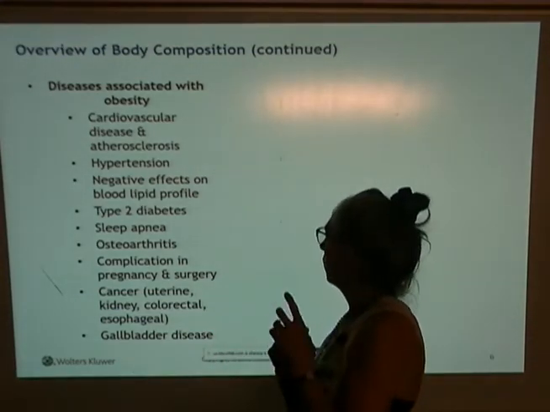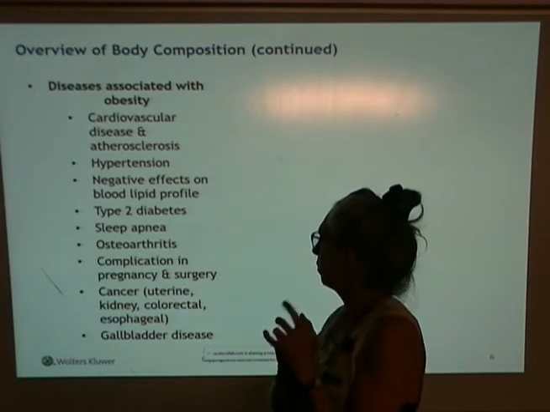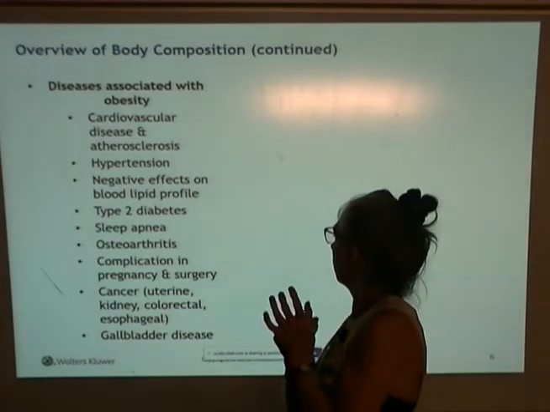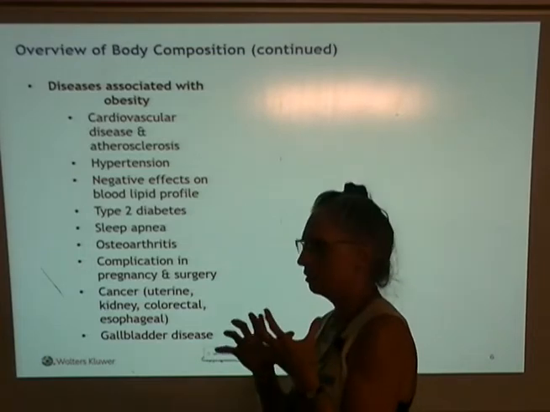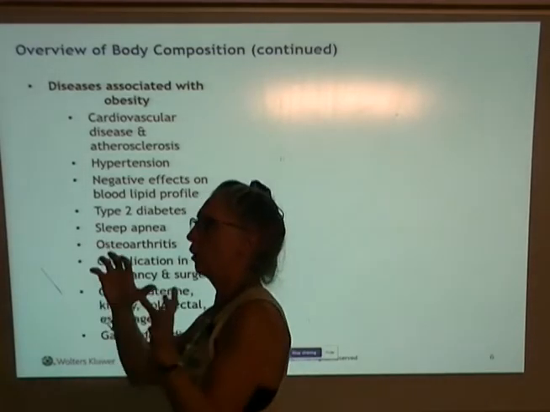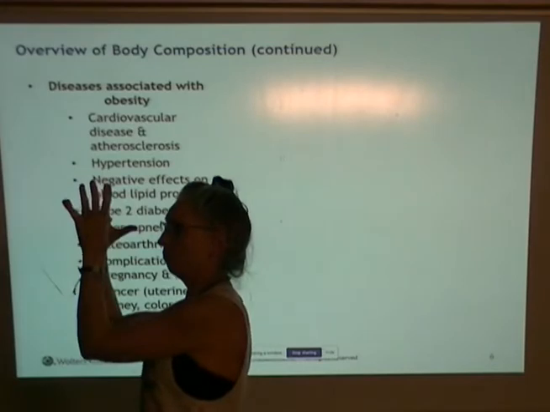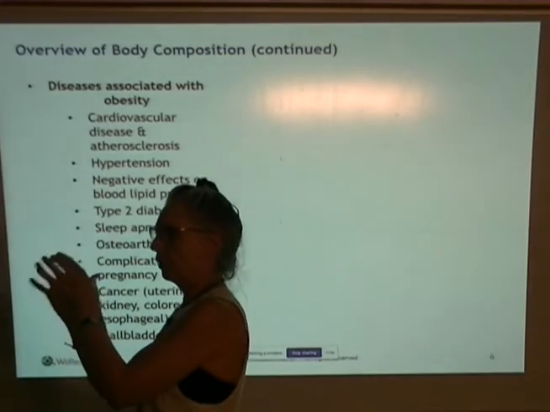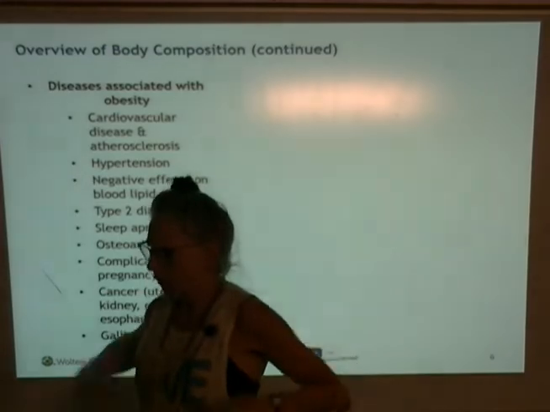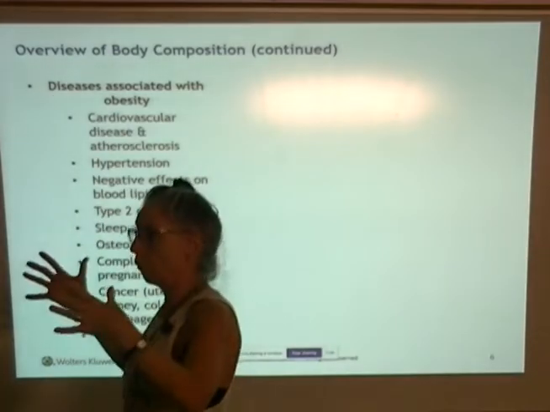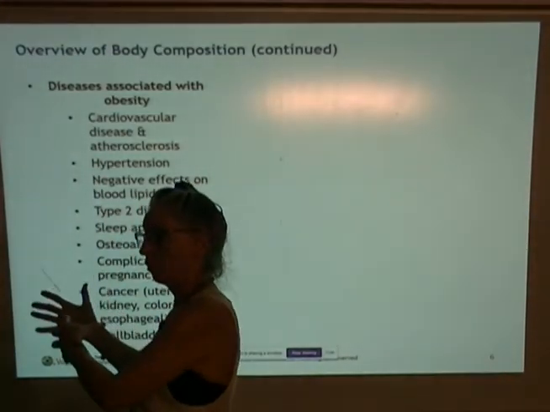A couple of them, like type 2 diabetes, hypertension, certain cancers, arthritis. You could even link with just being really overweight, you know. And there's a difference between being a little bit chubby and being really overweight or obese. Okay?